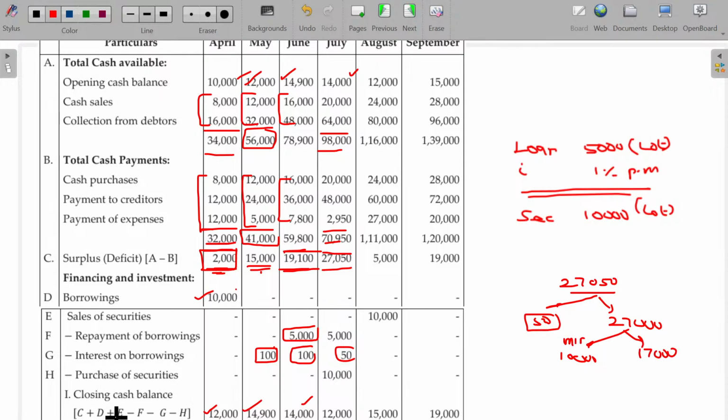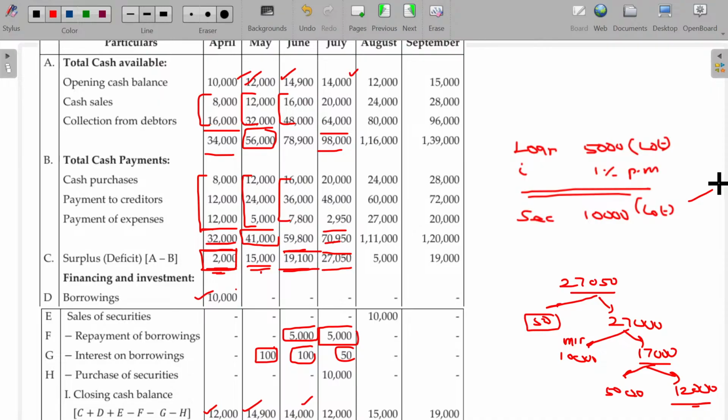If you have 17,000 surplus, first work goes for settlement of the borrowings. Do we have borrowings? Yes, we have borrowings. How many? Only one borrowing of 5,000 rupees. So you can repay the borrowing. Apart from that, how much do you still have? 12,000 rupees. After the repayment of borrowing, if you have 12,000 rupees, the next choice goes for purchasing the securities.